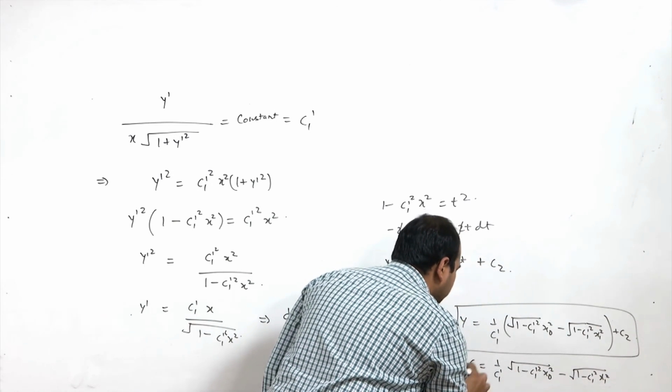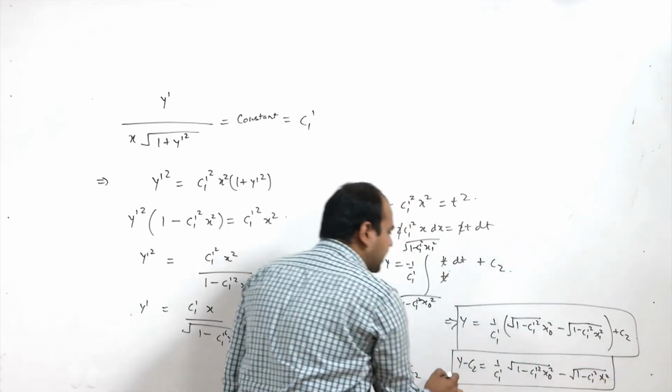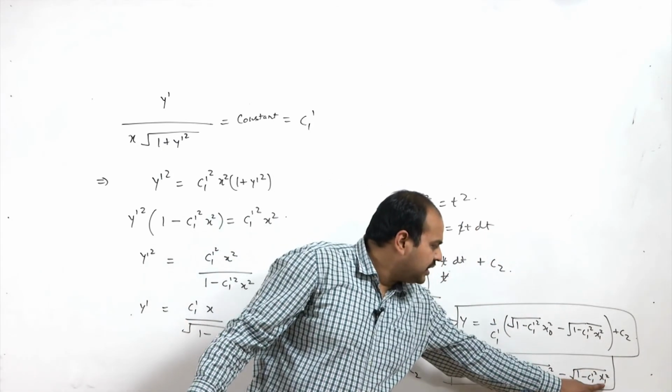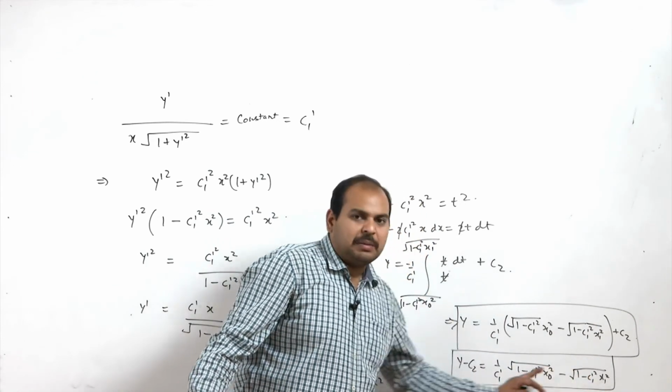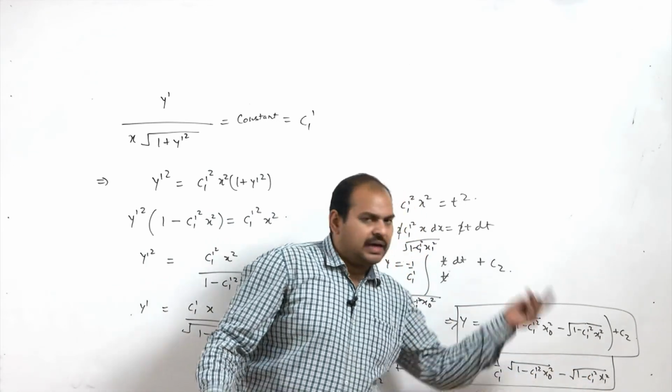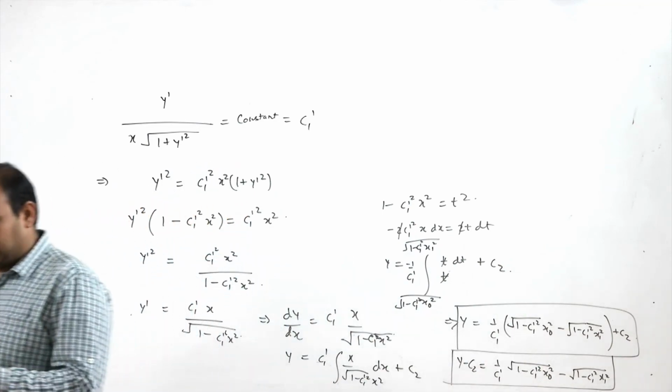So it is also of the previous type. If we assume x1 is a variable point x, then squaring it shows this is a family of circles.